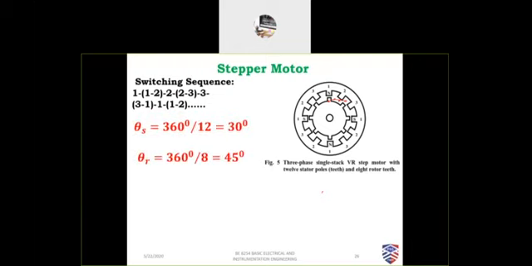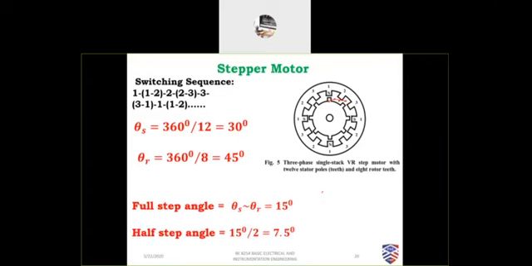Here there are totally 12 poles in the stator, so 3 phase into 4, 30 degrees, and this one has 8 poles, so 45 degrees. The full step angle is 15 degrees, and half step angle is 7.5. So you can move this motor 7.5 degrees.